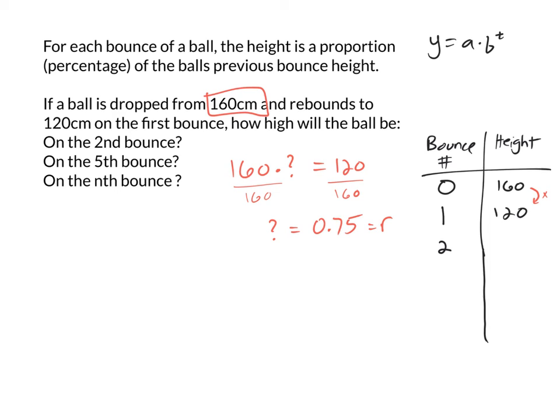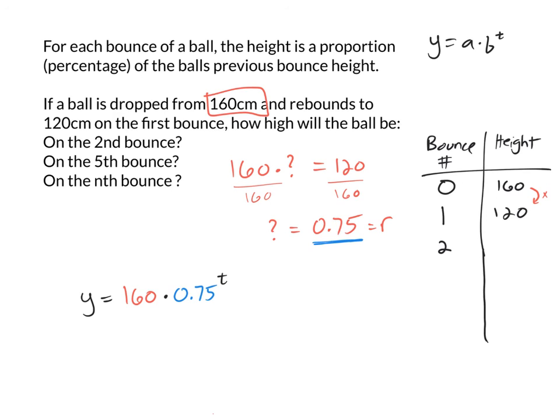My a is my starting point, so it's 160. y equals my starting point, 160, times my rate, which is 0.75 to the power of t. And we should expect that as the ball bounces more, it gets smaller.